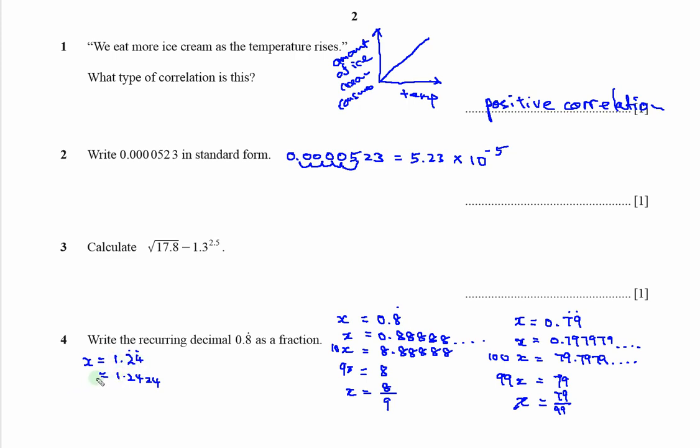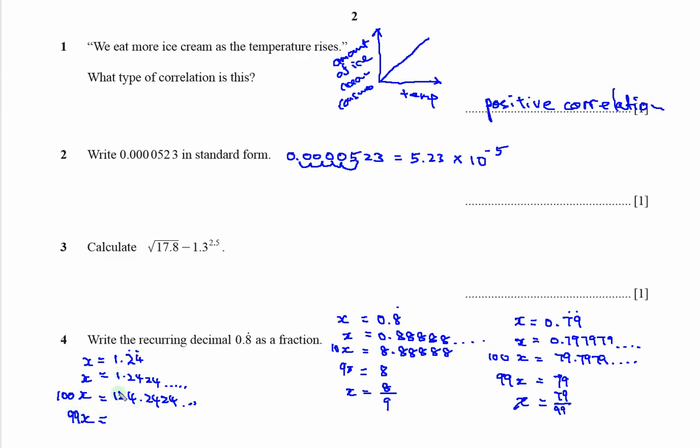So now the number of digits in the cycle is 2 digits. So what you do is you multiply by 100. So this becomes 124.2424. Now let's take this minus this. This is 99x.